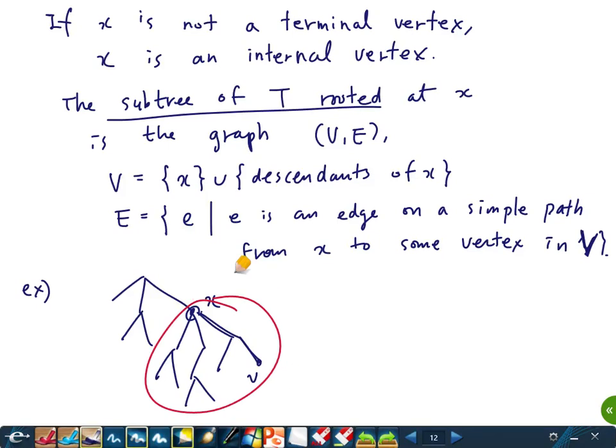You don't create any more edges or more vertices. You just take all edges, all vertices from the tree below that vertex X. So this is going to be the new root for this tree. Okay? So sometimes we say it like that: the subtree of T rooted at X. All right.